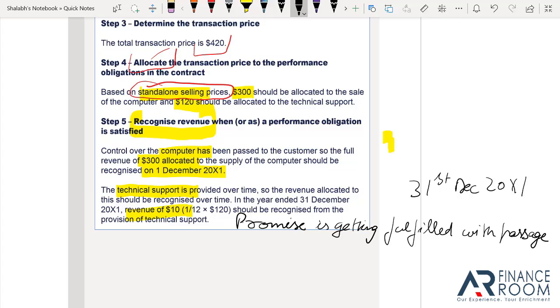So it gets recognized partially with the passage of time on the basis of the contract. Now here the contract is on a monthly basis, so we are recognizing it on a monthly basis. Had the contract been on a quarterly basis, we would be recognizing in our books on a quarterly basis, on the basis of facts given in the question. That's how you recognize the revenue when the performance obligation is getting satisfied over time.